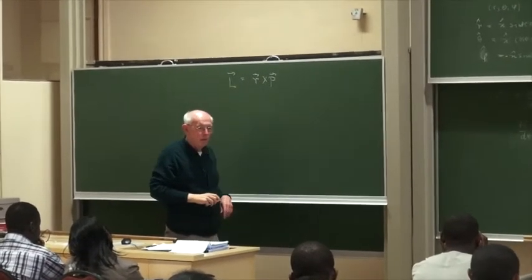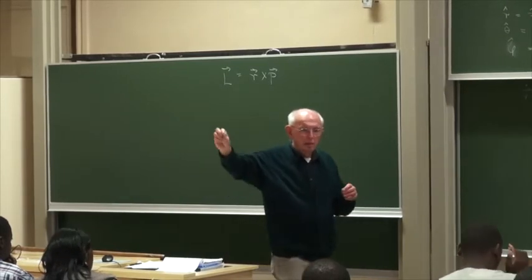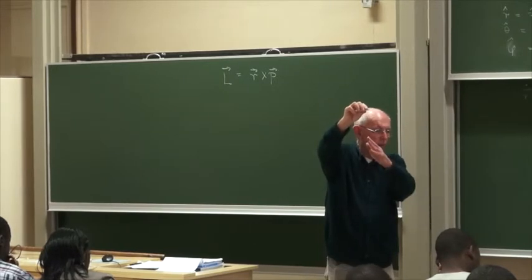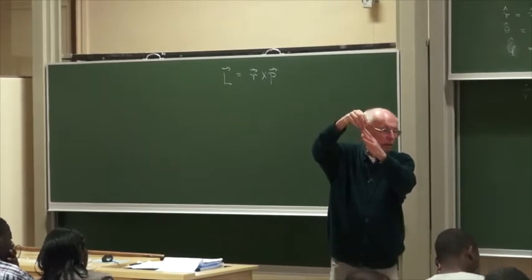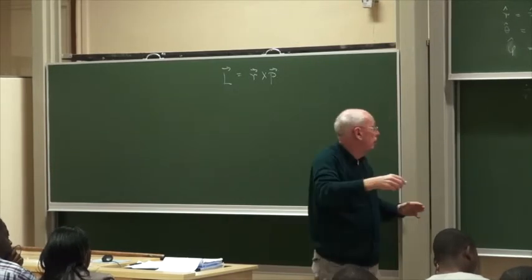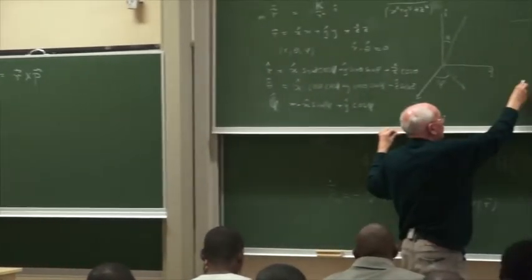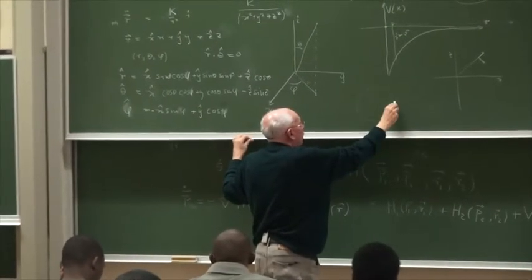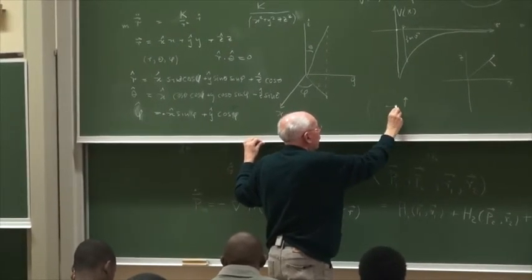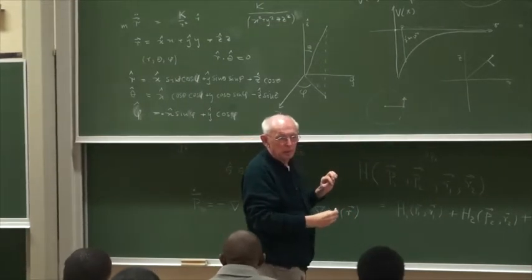Okay, so R cross P is the angular momentum. It's the momentum, and then with the distance multiplied, and it's the cross product. So if the movement is in a circle, and P would be going in this way, R would be in this way, and the angular momentum would show out of the board.